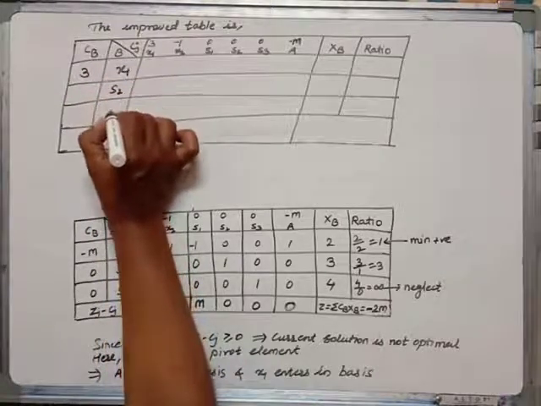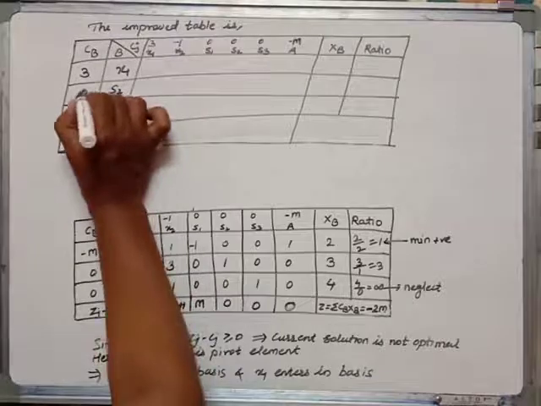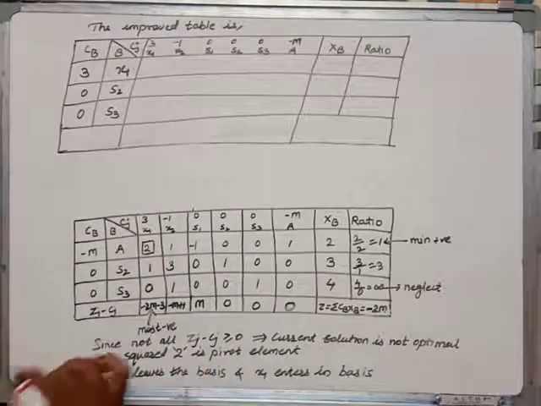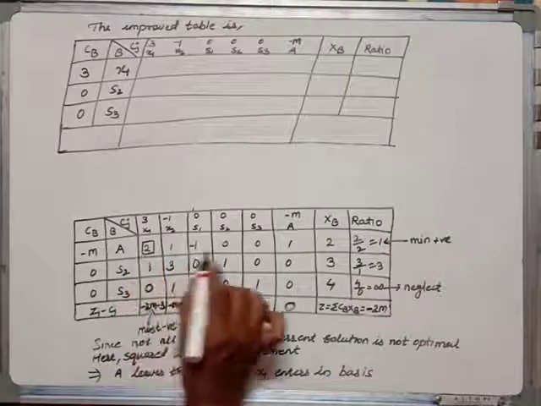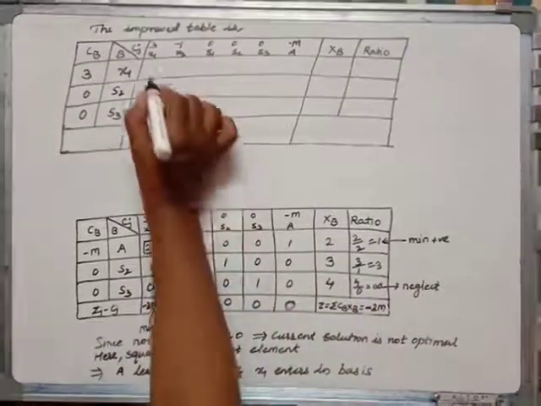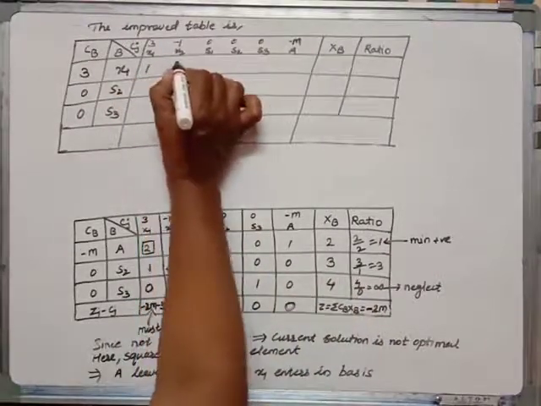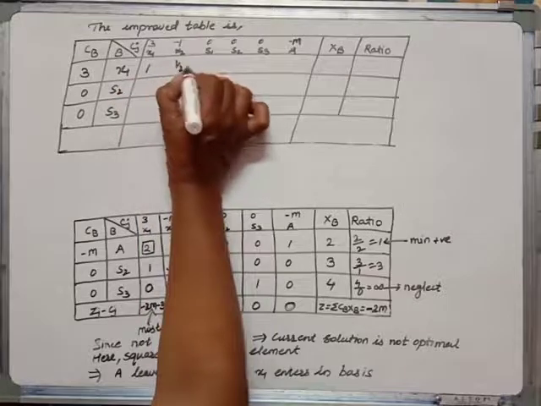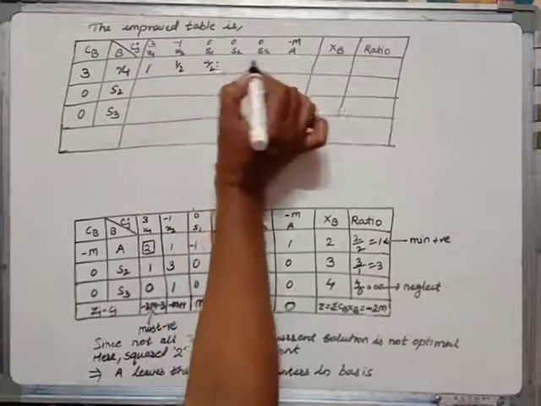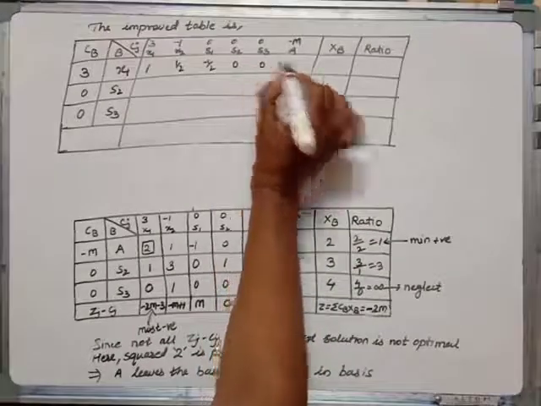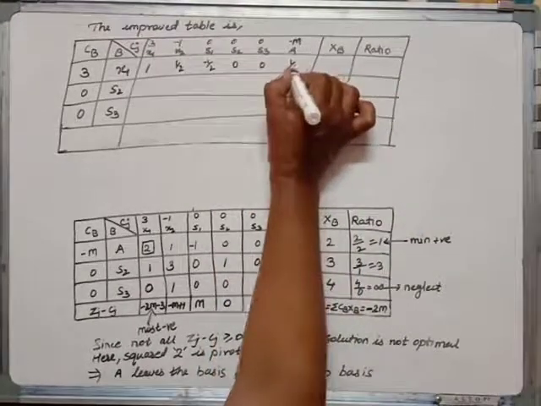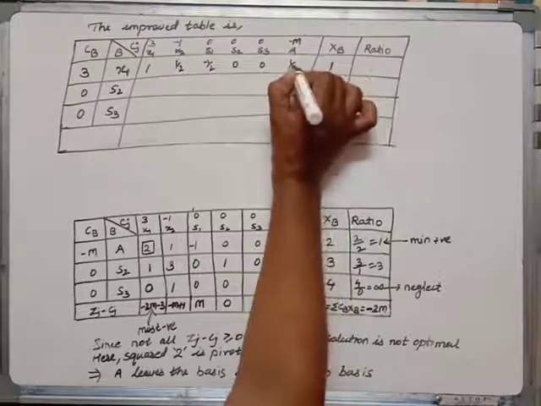This S2, S3 are as it is having the coefficients 0. Now 2 is a pivot, make it 1. For that, divide throughout by 2. So I get 1 by 2, minus 1 by 2, 0, 0, again 1 by 2 and here I get 1.